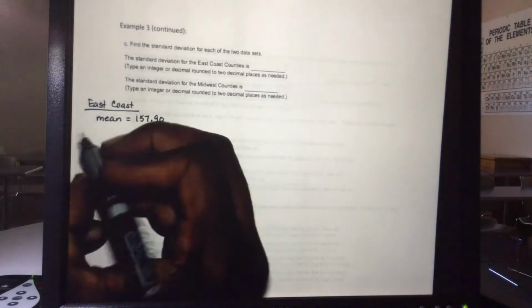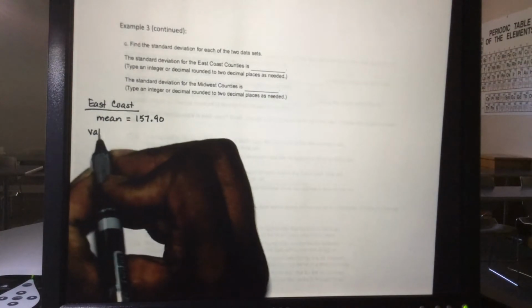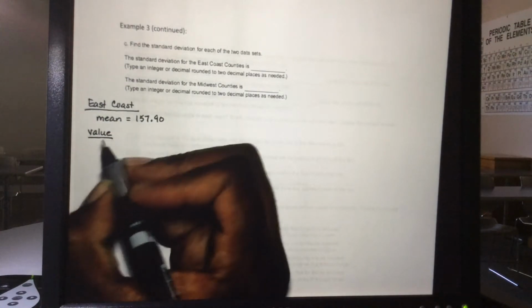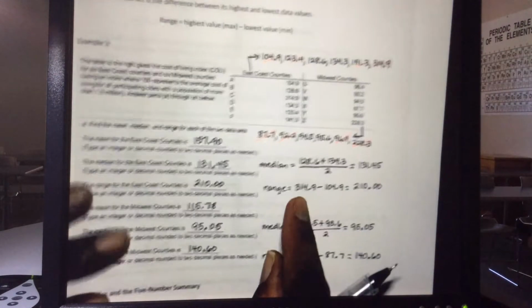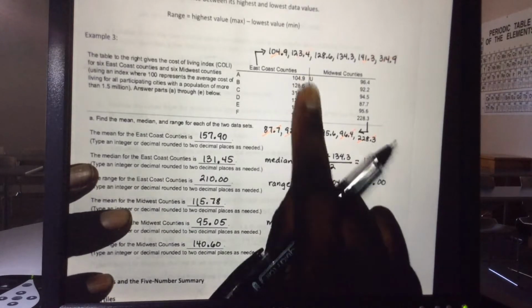Now we're going to take each value from the data set that we have here from part A of example 3. I'll copy those down again.